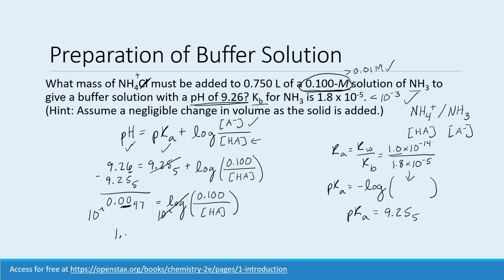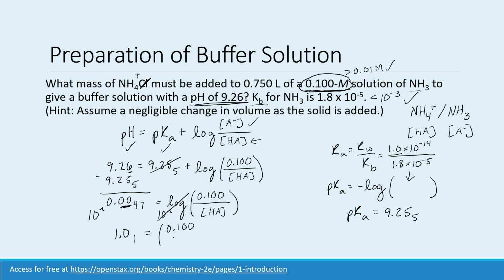Okay, so I'll get back 1.0 that are significant and then a 1. So 10 to the 0.0047 gives me 1.01.